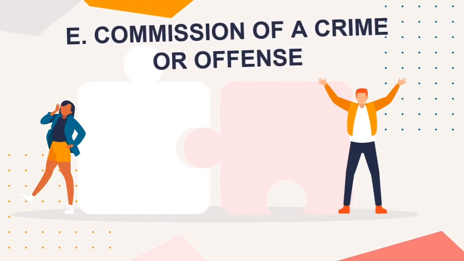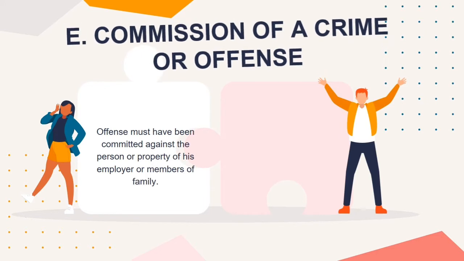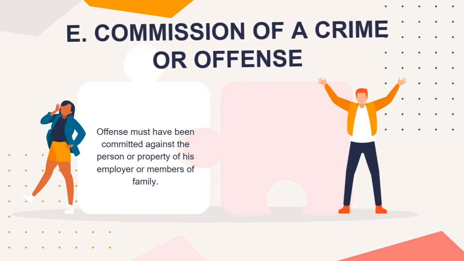Then the fifth one is the commission of a crime or an offense. So this is the act of perpetrating an offense, or in short, there are crimes of commission and crimes of omission. In this case, the offense must have been committed against the person or property of his employer or against any immediate member of his family.